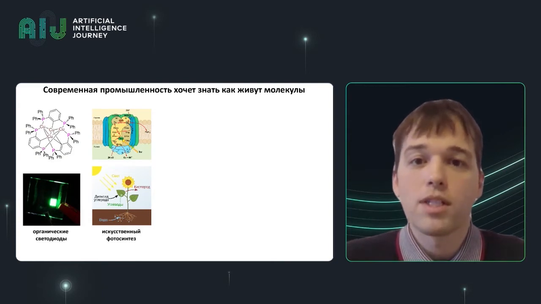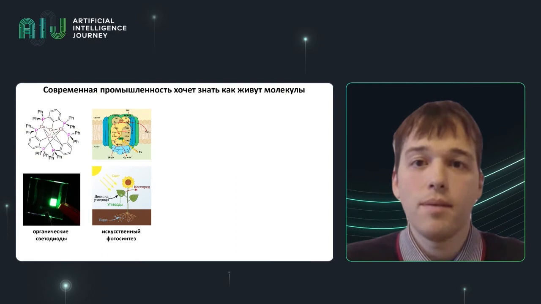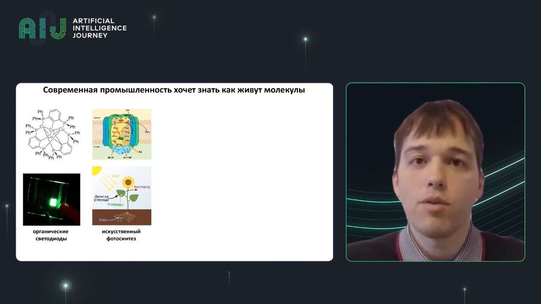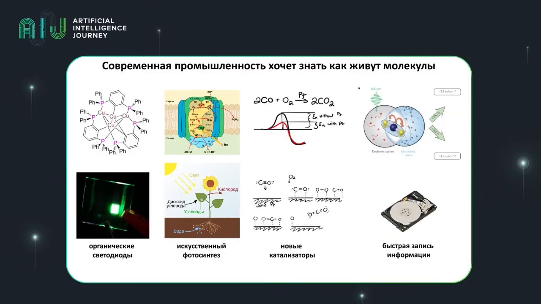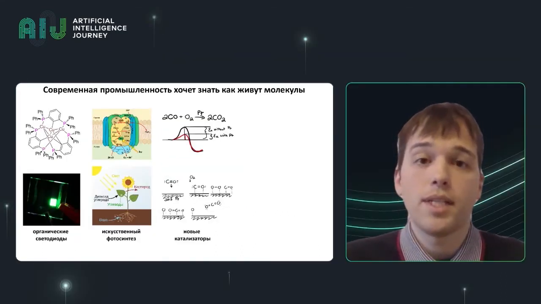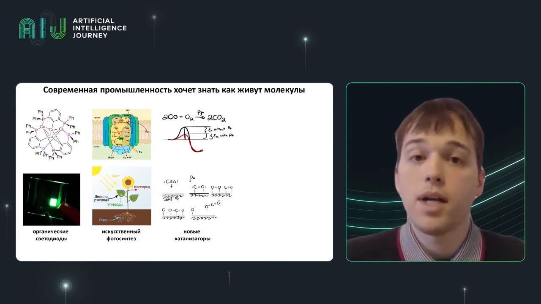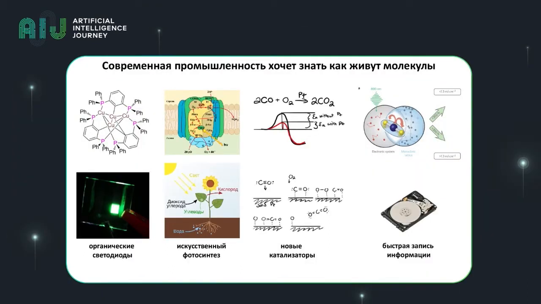Or in photosynthesis, under the sun, photosynthesis uses active protein centers to work. So if the scientists knew how those proteins work, they would be able to create water and oxygen. New catalyzers require you to know how the reactions happen on, for example, a platinum catalyzer.